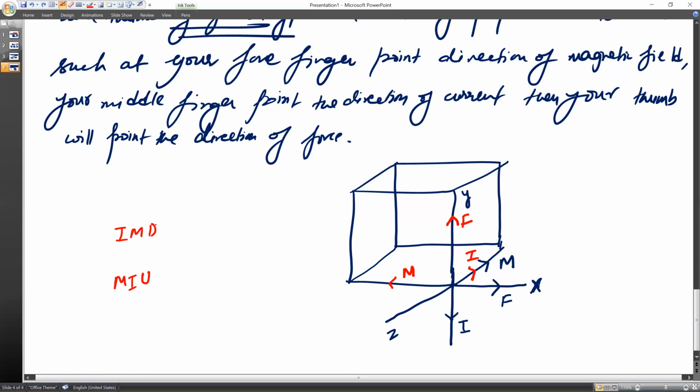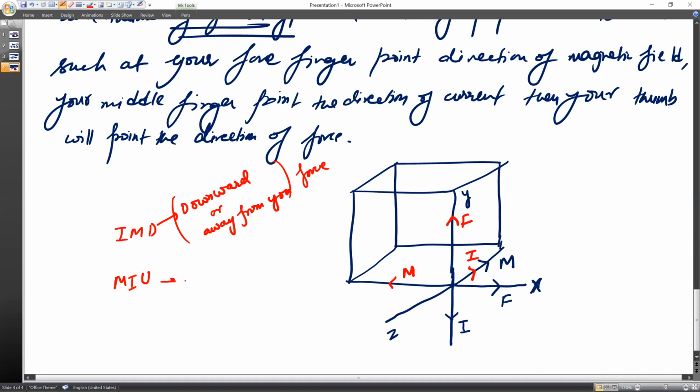D is the direction of force. I stands for current, M stands for magnetic field, and D stands for the direction that is either downwards or away from you. This is the direction of force.